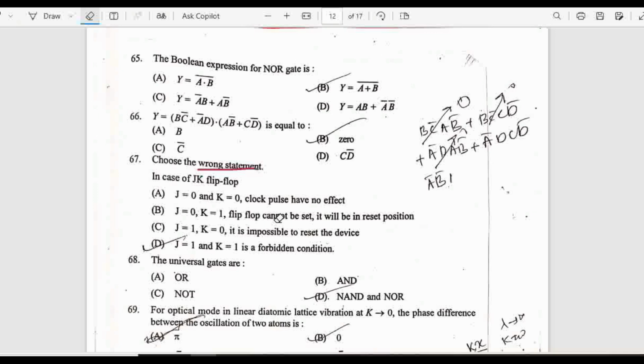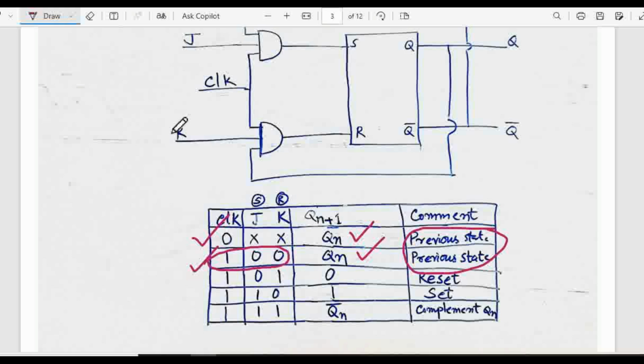So go to option B. In option B, it is given that J equal to 0, K equal to 1, the flip flop cannot be set, it will be in reset position. Set means S equal to 1, reset means R equal to 1.